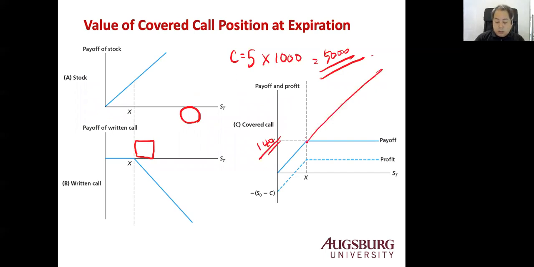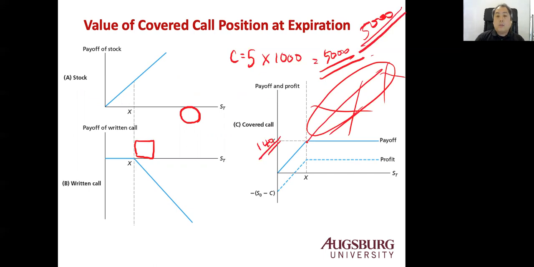So this upside doesn't matter. What matters is that you are going to get $5,000 more all the time, because you are going to sell this stock when the price hits $140. So you can just ignore the prices above 140.